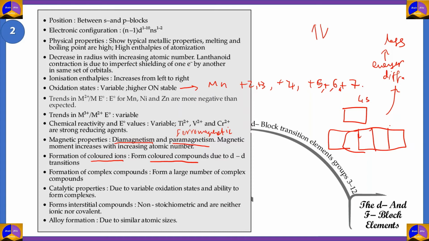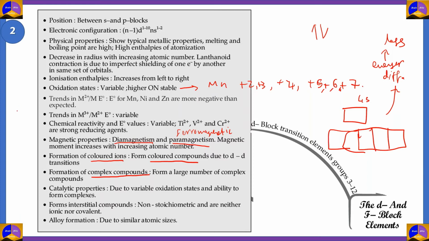Now, they also form complex compounds. These are a special class of chemical compounds that we'll be studying in the next chapter. For now, you can say that these are compounds which are not dissociating in an aqueous medium.